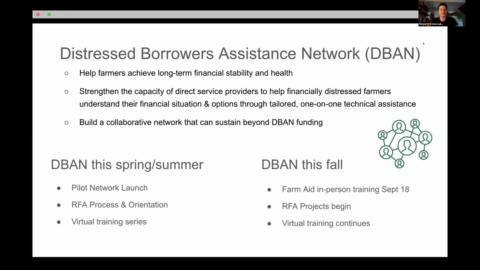This fall, we are really looking forward to, I hope, seeing many of you in person at the training that we will be doing at Farm Aid on September 18th. And hopefully we'll see some of those RFA projects that are funded get rolling. So I just wanted to situate today in the other trainings that we have done and plan to do in the network.